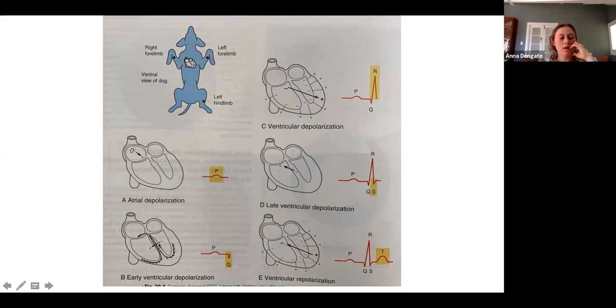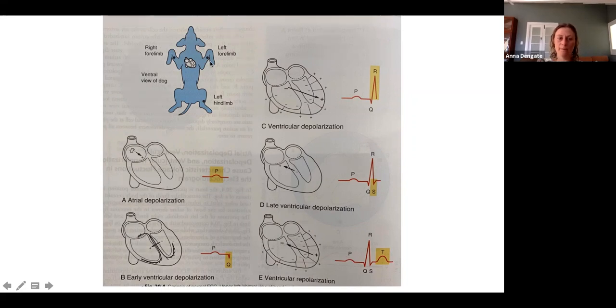So if what Max has said, that there's movement of the electricity across the septum from left to right, if you've got right-sided cardiomegaly, then you're going to get an increase in cells on the right side and an increase in impulse on the right side.